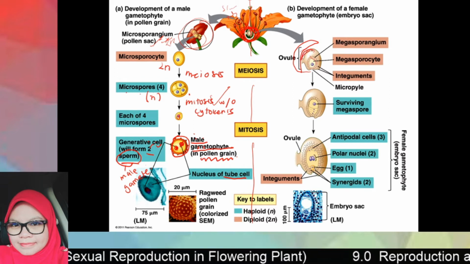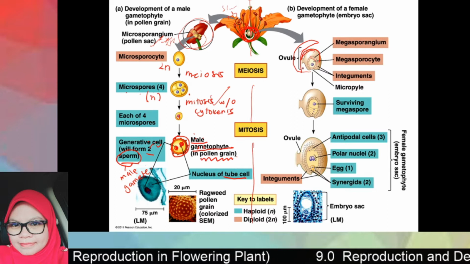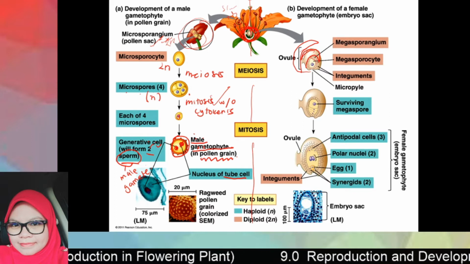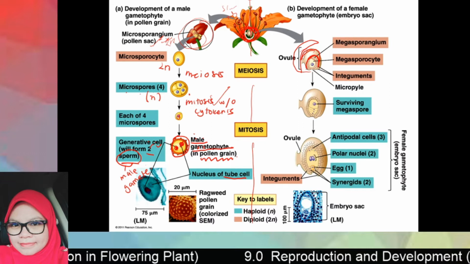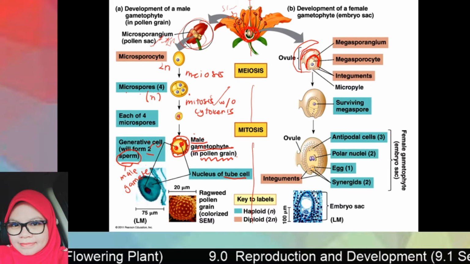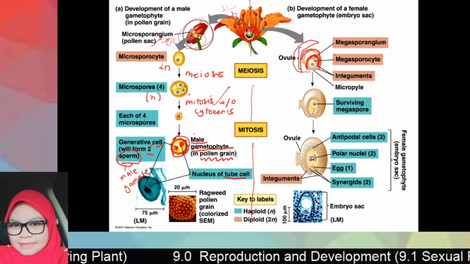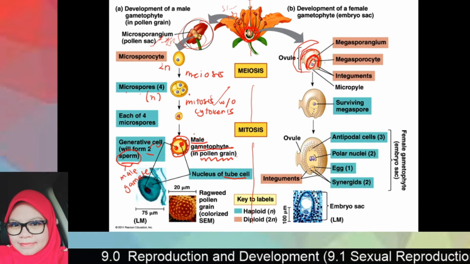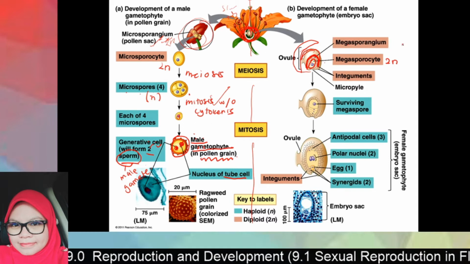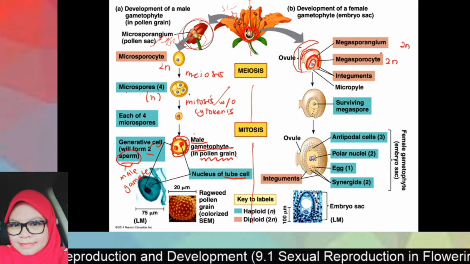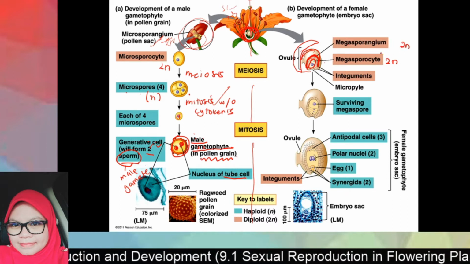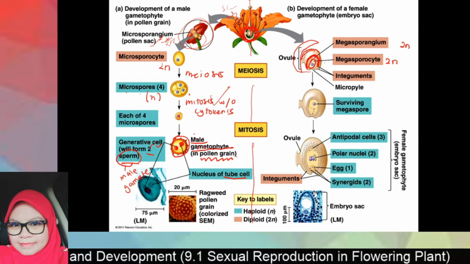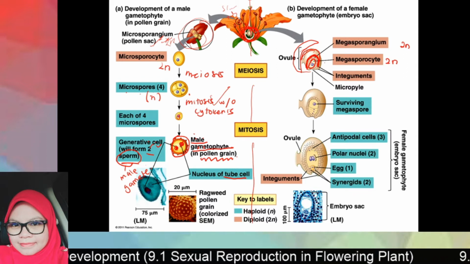This ovule will consist of a megasporangium. The megasporangium consists of a megasporocyte, which is diploid, also known as the megaspore mother cell.